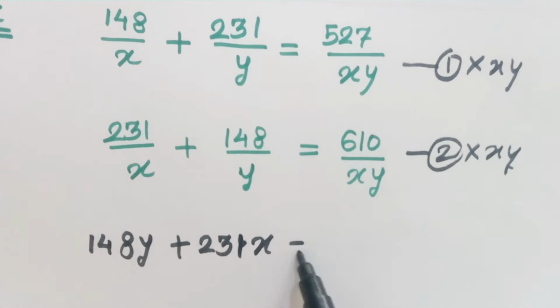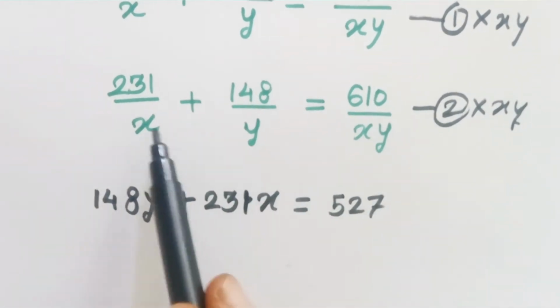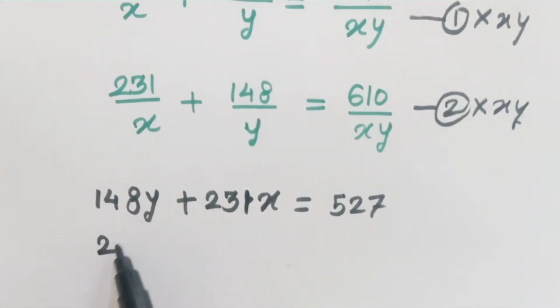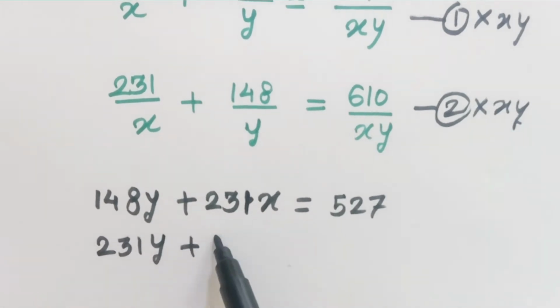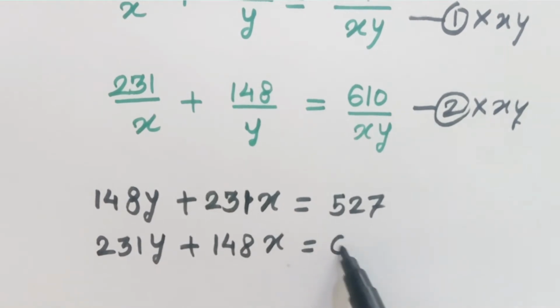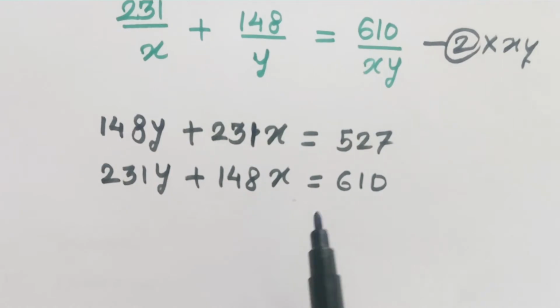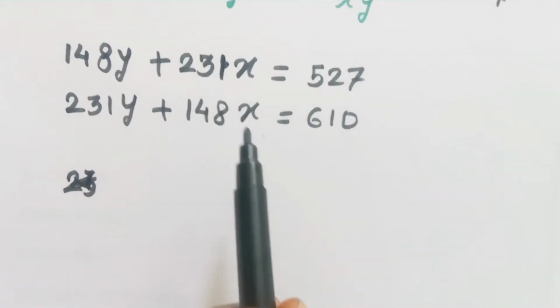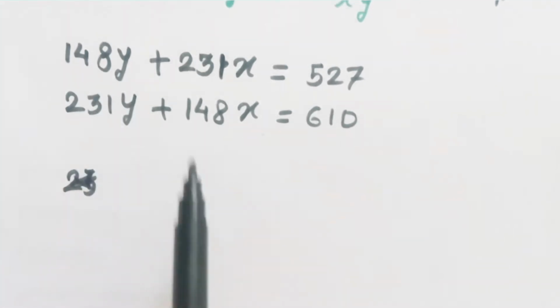And in equation number 2 we get 231 into y plus 148 into x equals to 610. Now I just rewrite this equation simply containing the variable x term and then the variable y term.